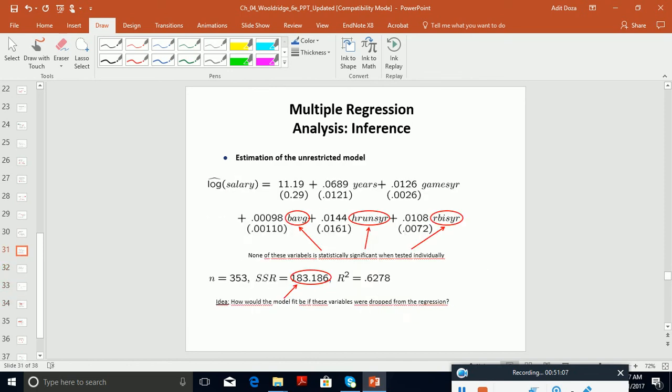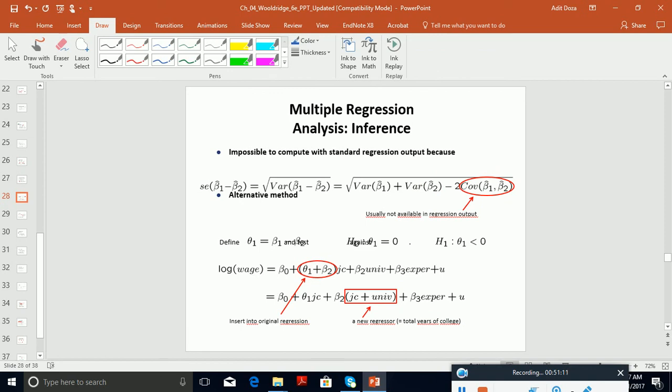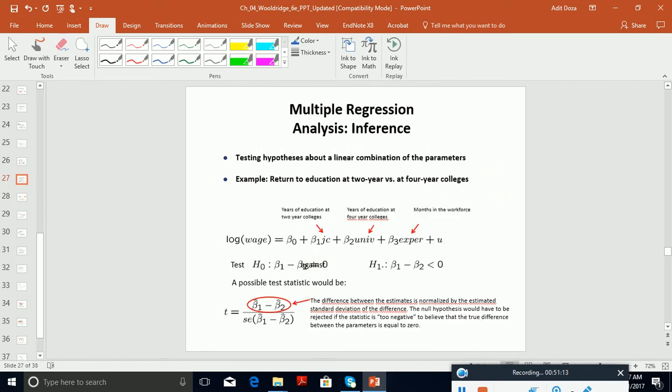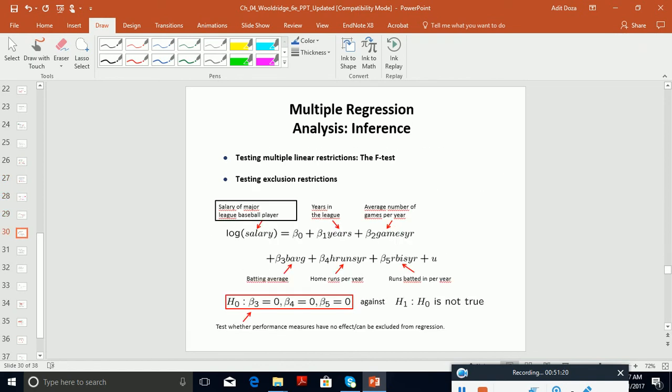I think I did spend a lot of time on the multiple regression analysis inference, right? Slides 27 to 30.